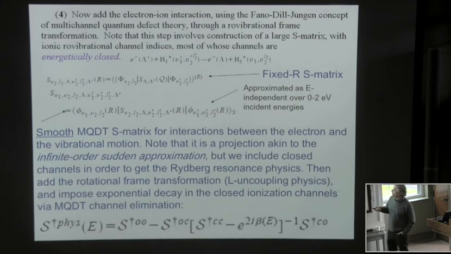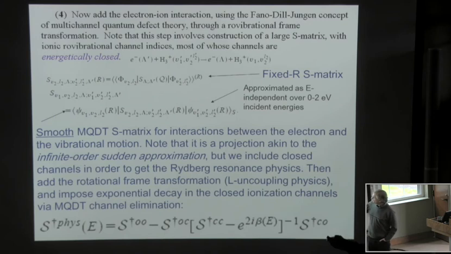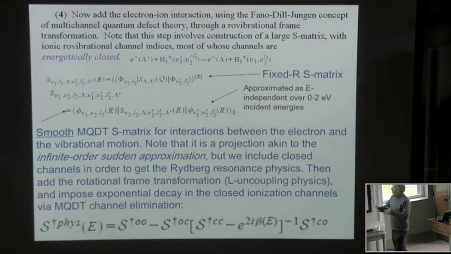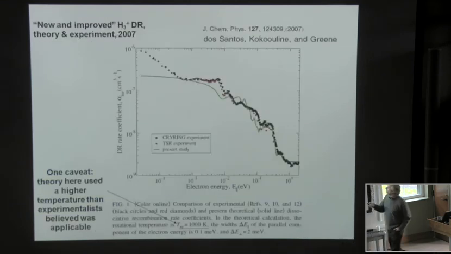But anyway, using this, we could complete the frame transformation and describe the escape of the nuclear flux for dissociation, using either Siegert states or a complex absorbing potential. We've done it both ways now, and in the end, we get more details and more resonance features and so on.